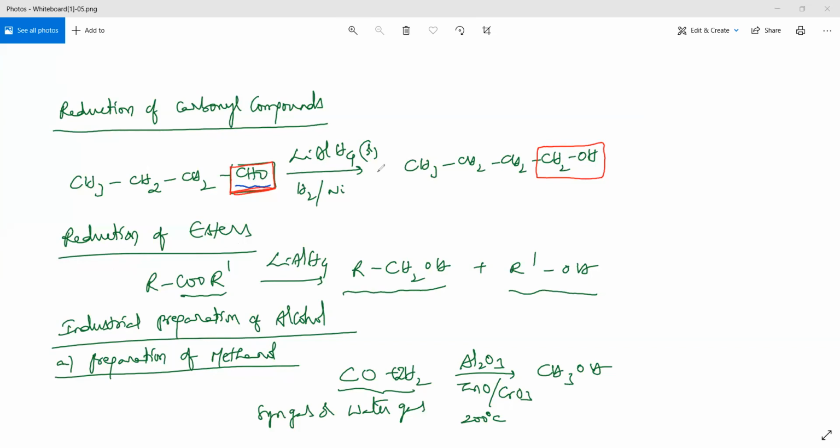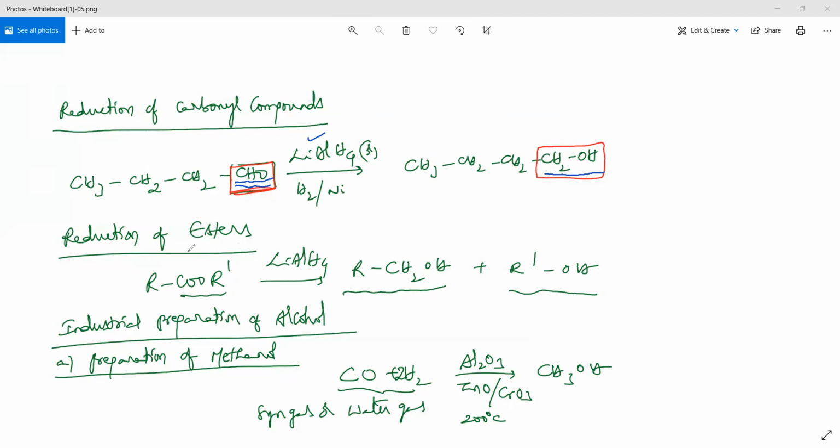So the CHO group is reduced to CH2OH. This is the conversion by using a strong reducing agent like lithium aluminum hydride or simple catalytic hydrogenation. In both cases, the CHO group is converted into the CH2OH group.